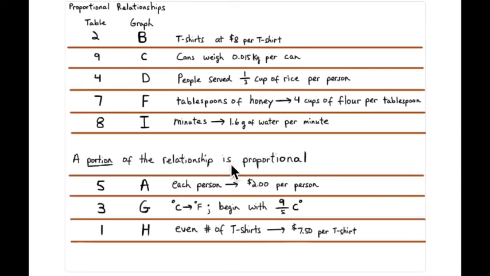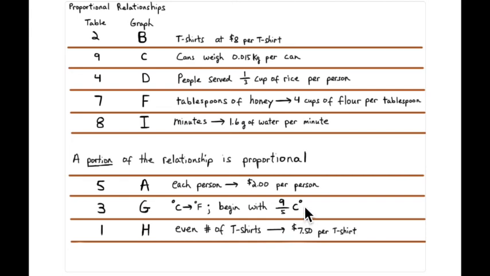The next 3 are relationships where a portion is proportional, but not the whole relationship. In people entering the state park, it was $2 per person, but the entire entrance fee is not proportional because you have to add that $6. Or it's 9/5 of a degree Celsius per degree Fahrenheit, but then you have to add that 32 degrees to get to the final degrees Fahrenheit.